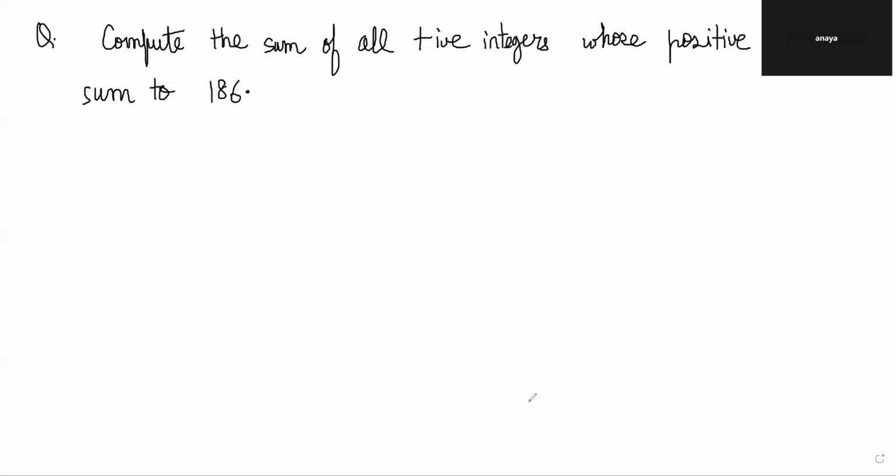Sum of positive divisors is 186. All such integers, you have to find the sum of them.